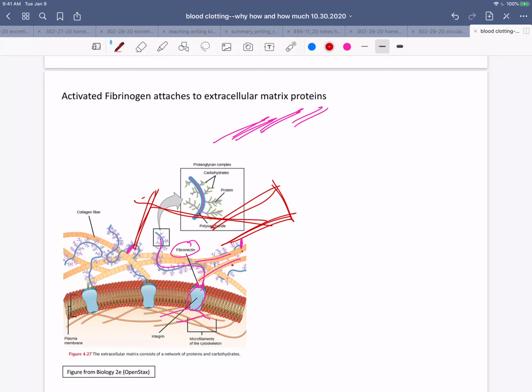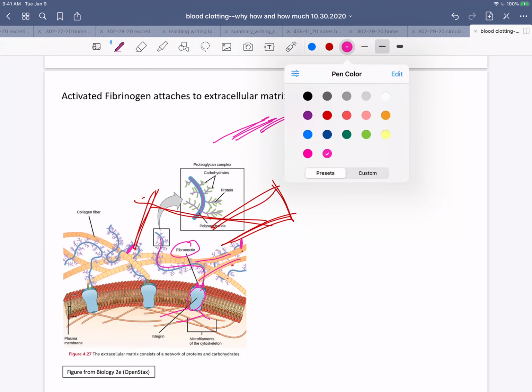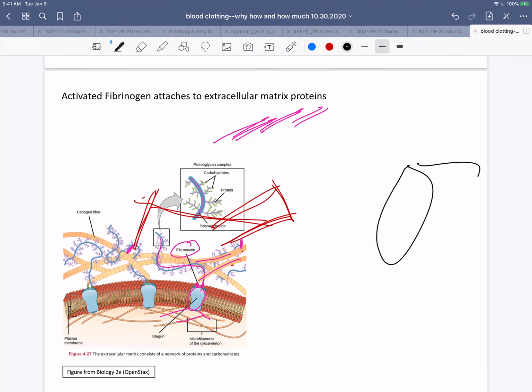The result would be a blood vessel at a cut in which you'd have this mesh of fibrin trapping red blood cells and trapping spiky little platelets and tethered to extracellular matrix nearby.